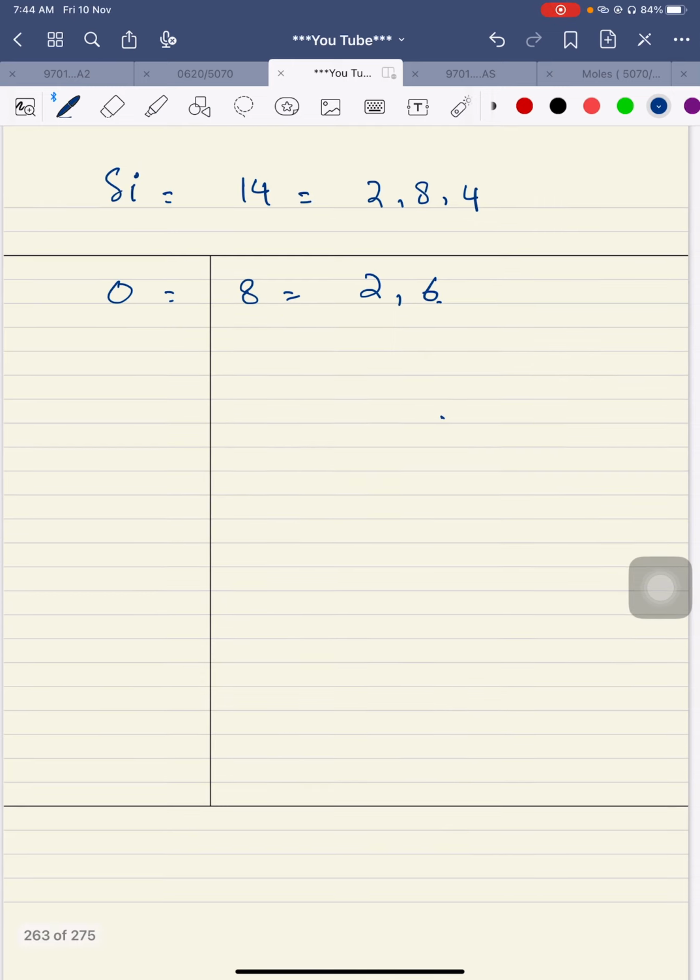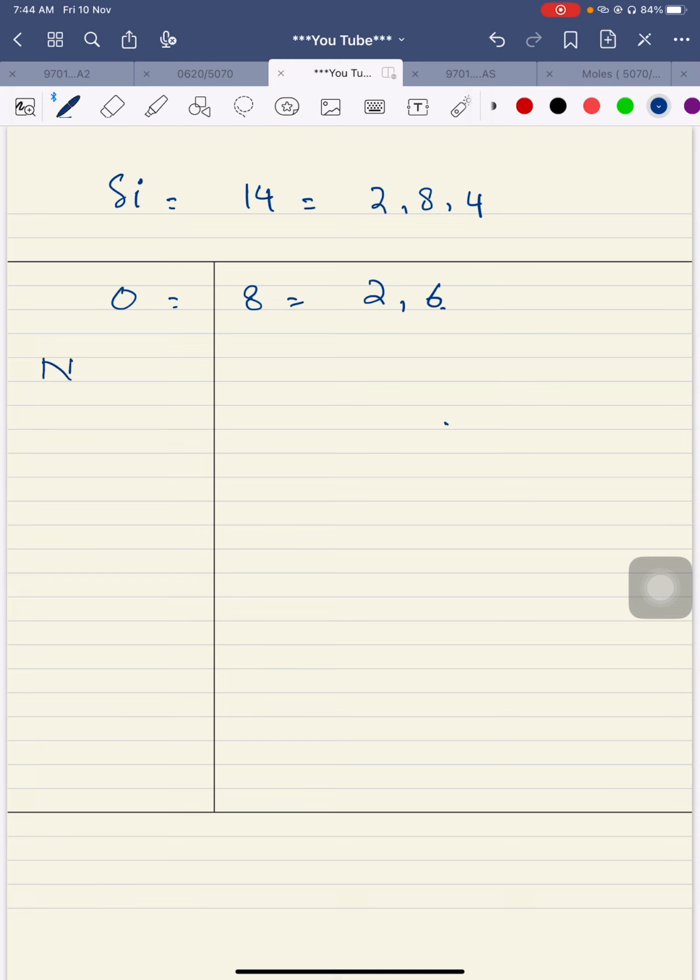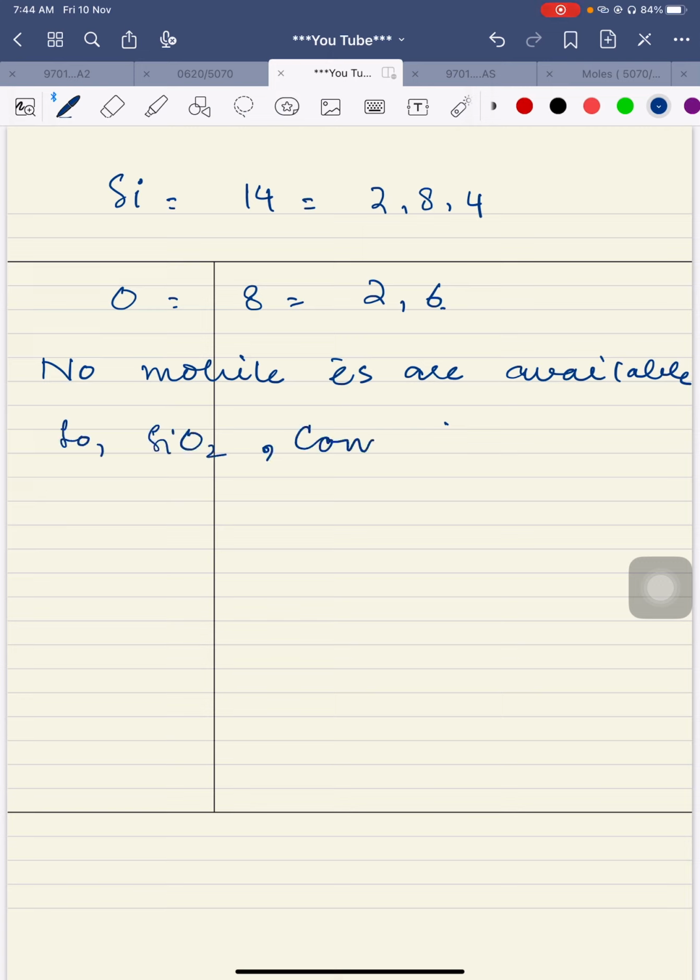Okay, so I'm writing here: no mobile electrons are available, so silicon oxide cannot conduct electricity.